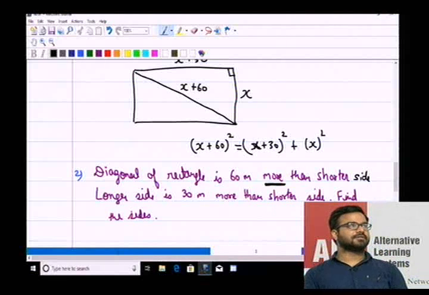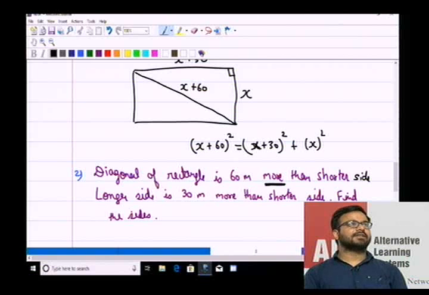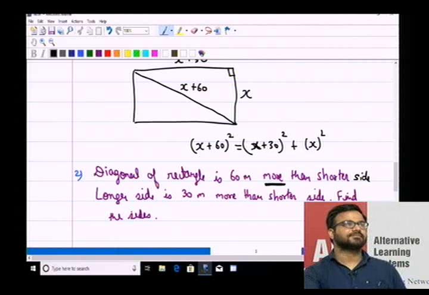Senapati College, the diagonal is 60 meter more. That's why I'm writing x plus 60. You can see the statement, 60 meter more it is.